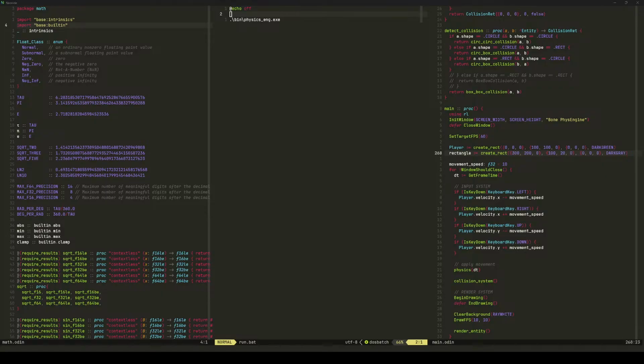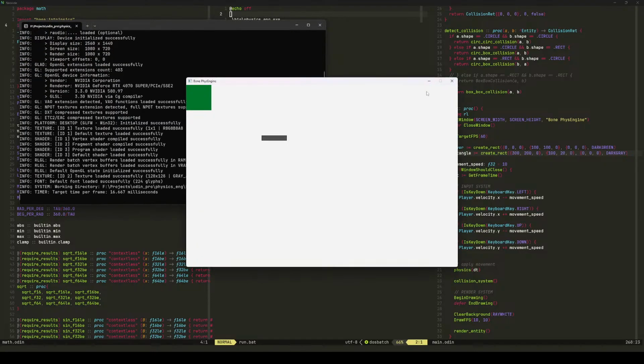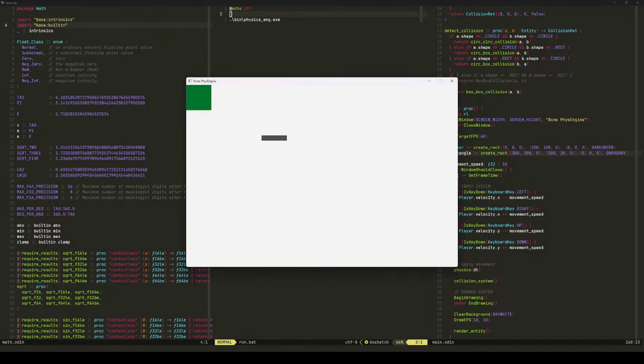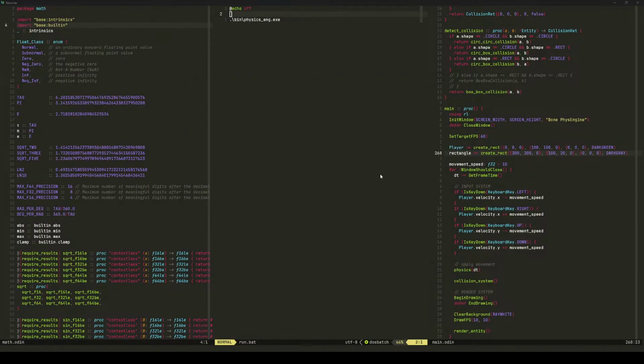Oh, it's called Physics Engine. That's what it is. Cooked.